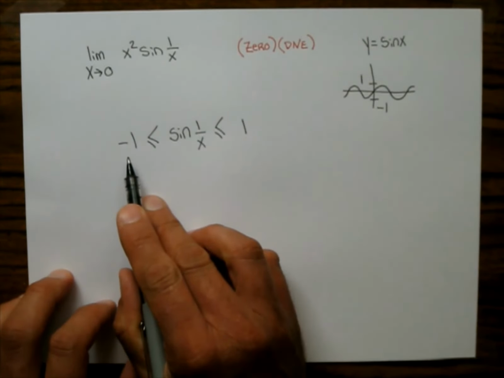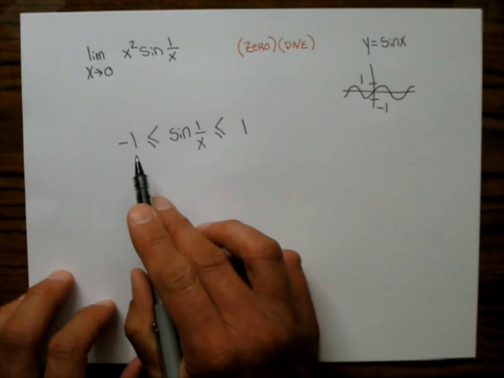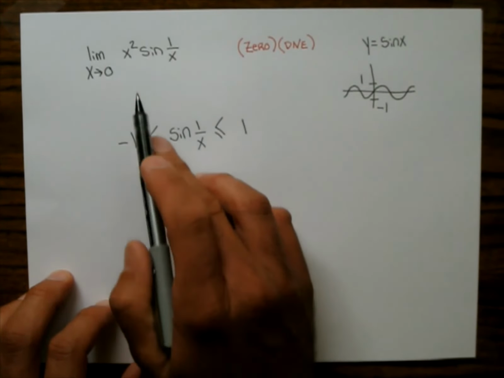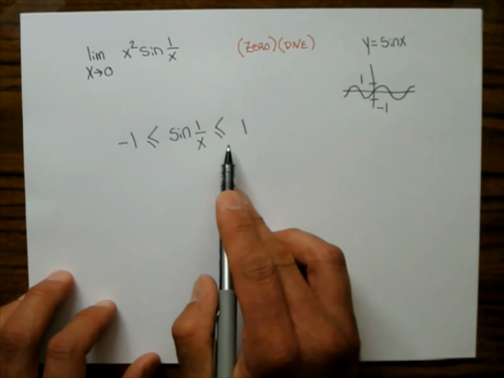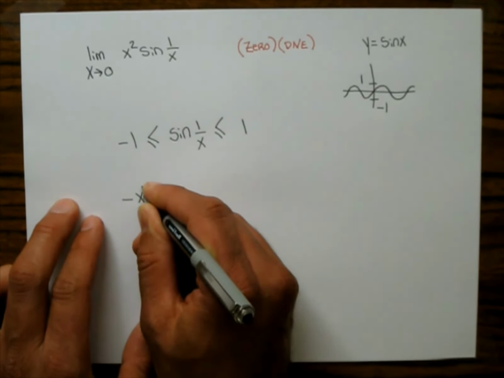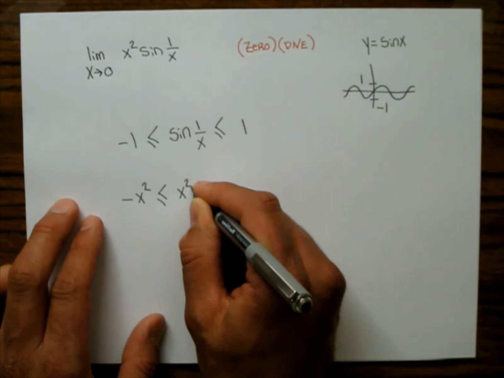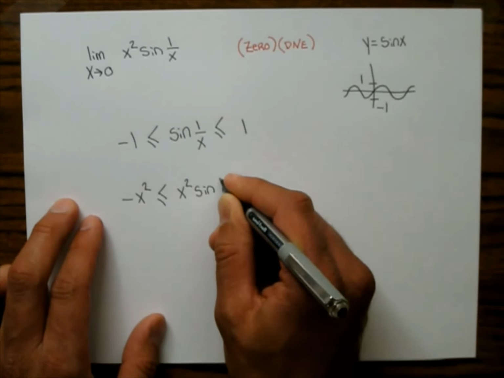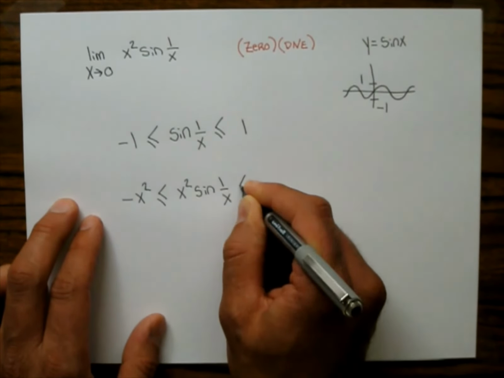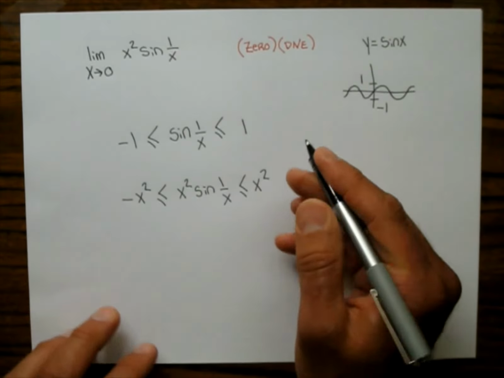Okay, so now I'm going to multiply all three parts of this inequality by x squared. When I do that I get negative x squared less than or equal to x squared sine 1 over x is less than or equal to 1 times x squared, which is x squared.